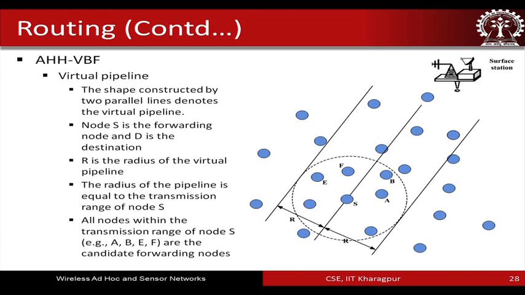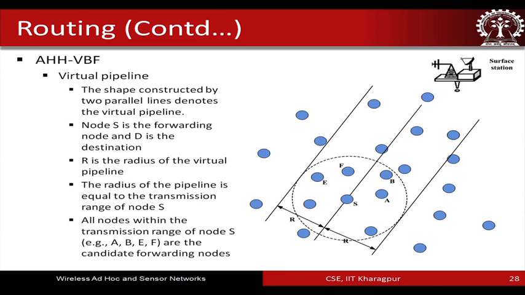This particular scheme works by creating something called a virtual pipeline. From the sensor nodes, from these target ones to the surface station, a virtual pipeline is constructed around the source node.